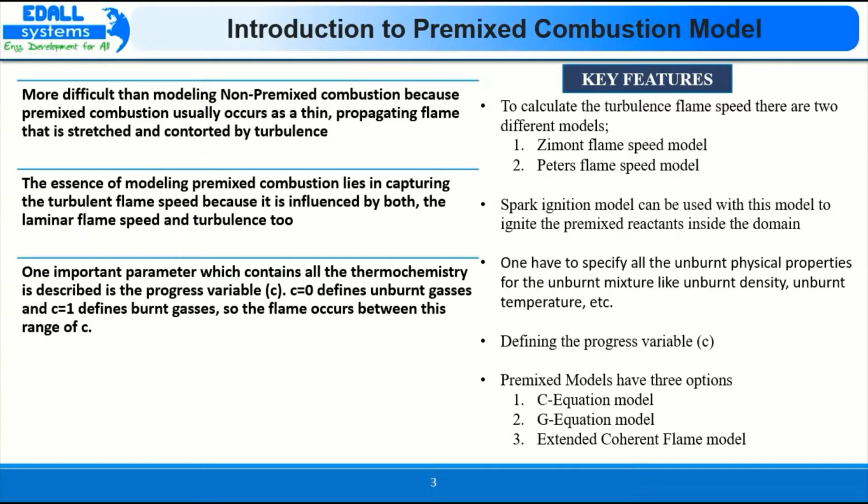Unburnt density and unburnt temperature are some of the properties. Other properties we will see in detail in upcoming slides. Then we discussed defining the progress variable C, and lastly, these models have three options: we can model our premixed combustion using the C equation, the G equation, and the extended coherent flame model. These three models are different, but overall the aim of modeling premixed combustion is the same.